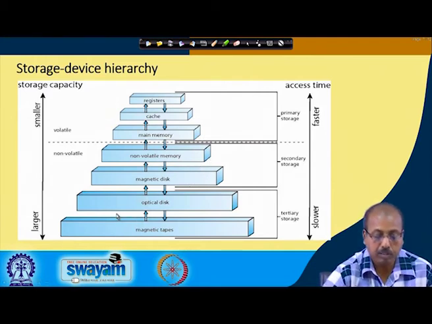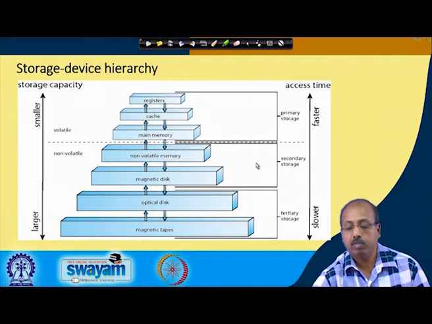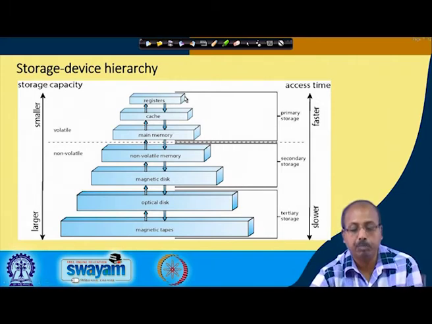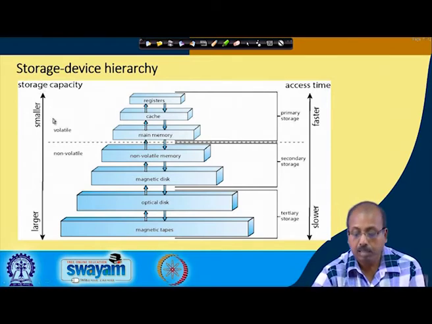Below that, we have got tertiary storage, where we have optical disk and magnetic tapes. If you go in this direction, as you go upper and upper into the pyramid, the speed is improving, but the size is decreasing and the cost is also increasing.